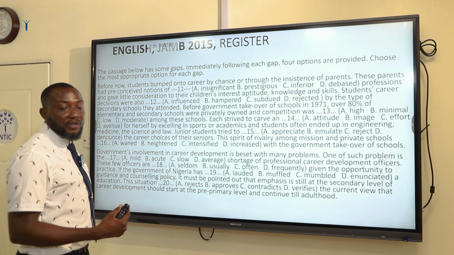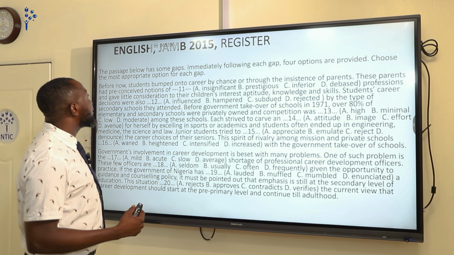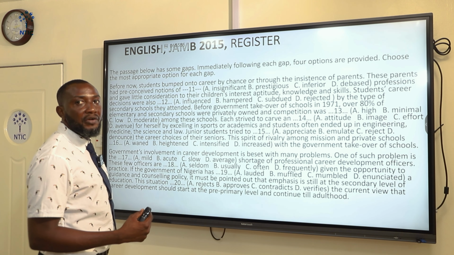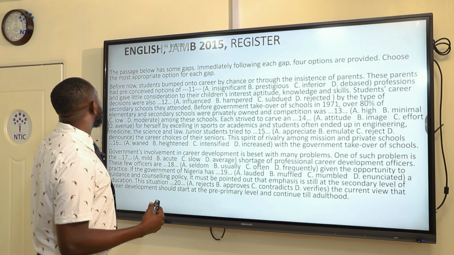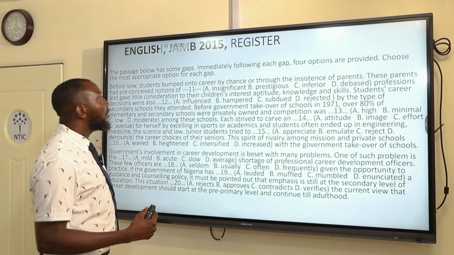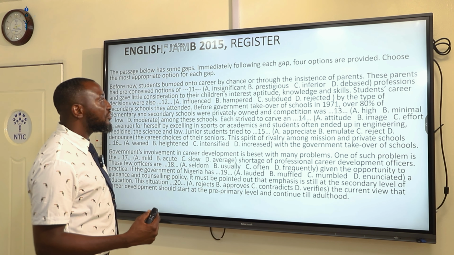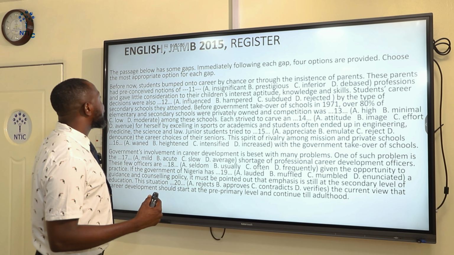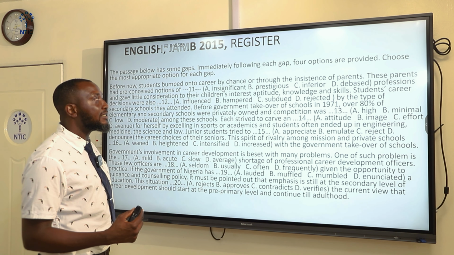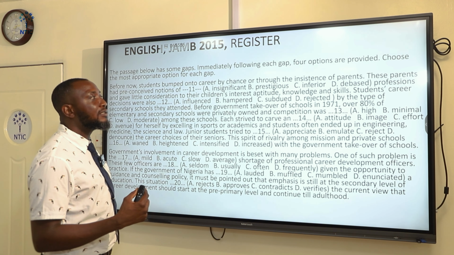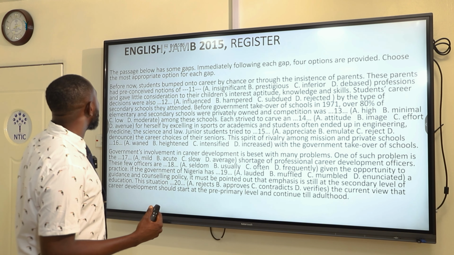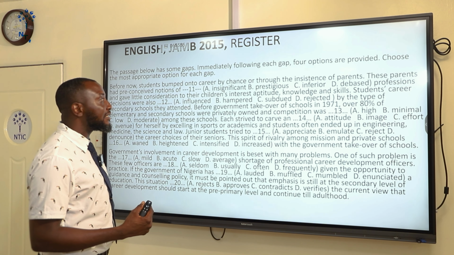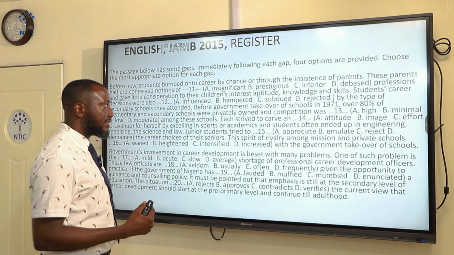Now let's read the passage. Before now, students bumped onto careers by chance or through the insistence of parents. These parents had preconceived notions of insignificant, prestigious, inferior, debased professions and gave little consideration to their children's interests, aptitude, knowledge, and skills. Students' career decisions were also influenced, hampered, subdued, rejected by the type of secondary schools they attended.